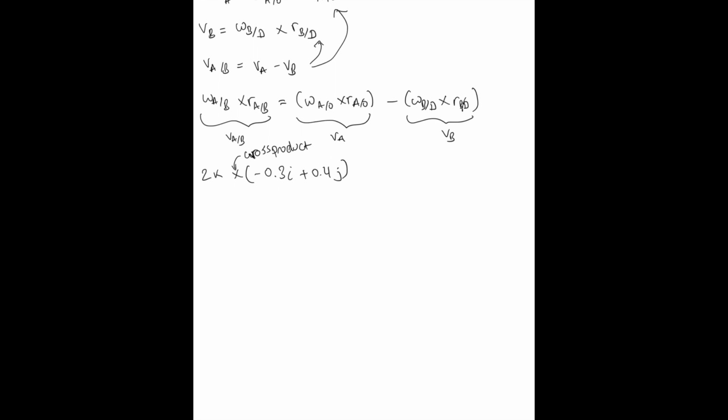This is cross product, so be careful not to confuse that with a multiplication. Equals to omega AO K cross product 0.6J minus omega BD K cross product 0.5I.